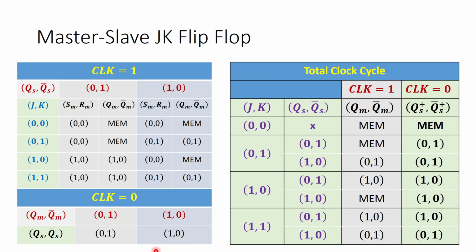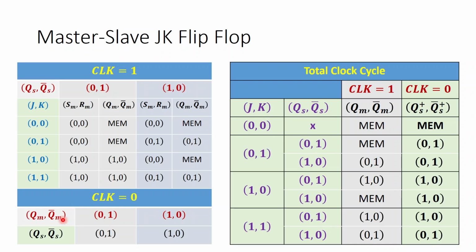So now we can combine these truth tables for the clock high and clock low. So the total clock cycle truth table is given here. This truth table is combined to give the truth table here. What we are trying to understand, in the total clock cycle, is what is the change that we are seeing in the output, which is QS bar.